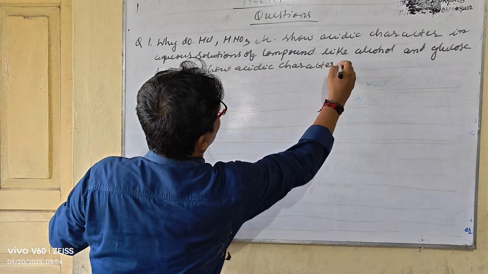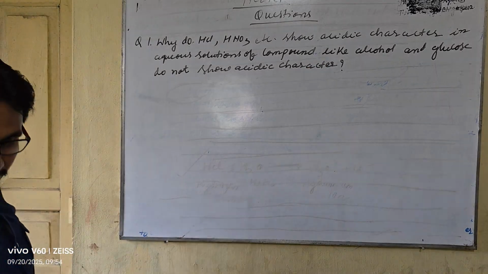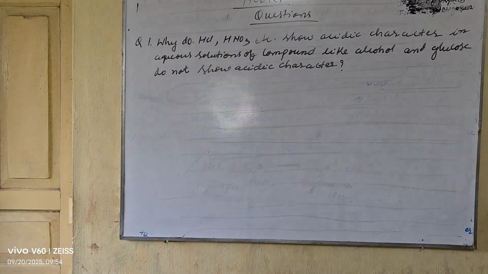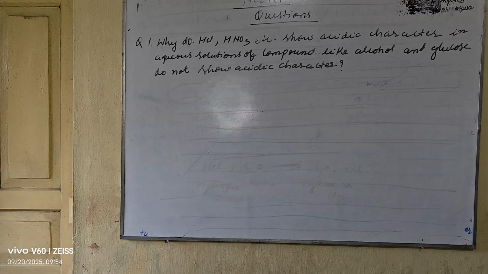What is the reason for that? The question is asking why do HCl, HNO3 etc. show acidic character in aqueous solution while compounds like alcohol and glucose do not.